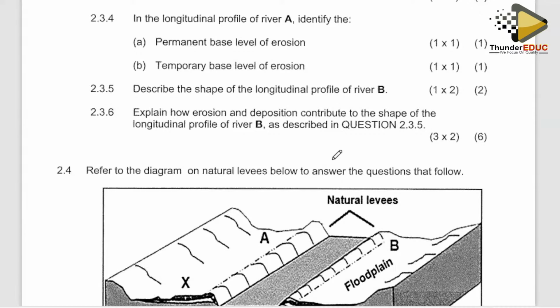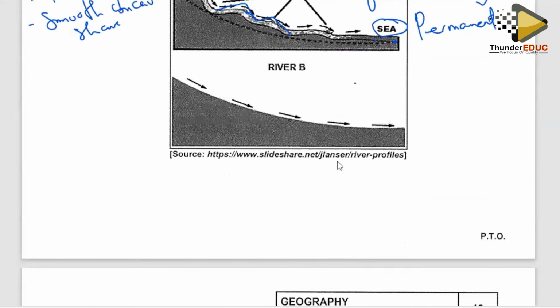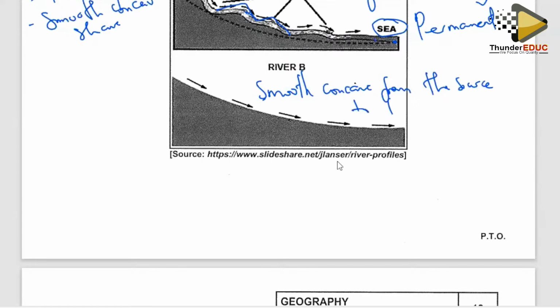Describe the shape of the longitudinal profile of river B. Longitudinal profile of river B, you can see it's a smooth concave from the source to the mouth. Starting from where the river is starting, it maintains a smooth shape, which is concave, until where it ends. That is how we can describe that.